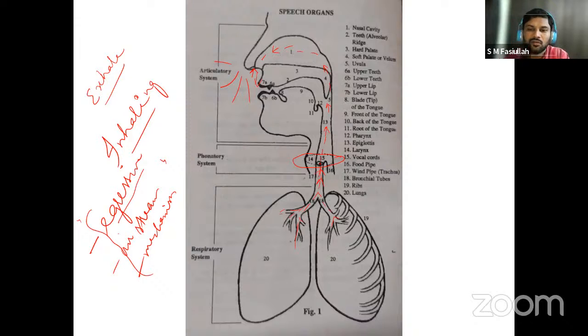And there are two major ways in which we use our vocal cords while sending the air out: either we vibrate this or we don't vibrate this. In some cases, the sound box vibrates, and in some cases, it won't.